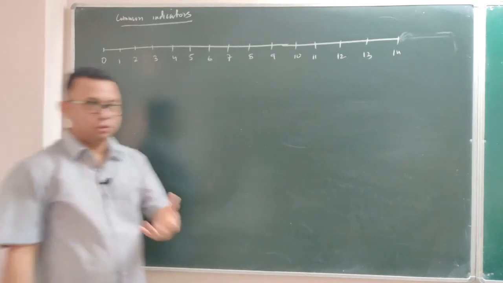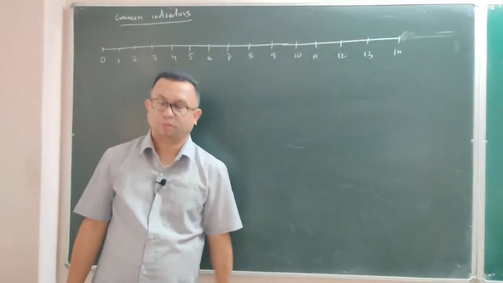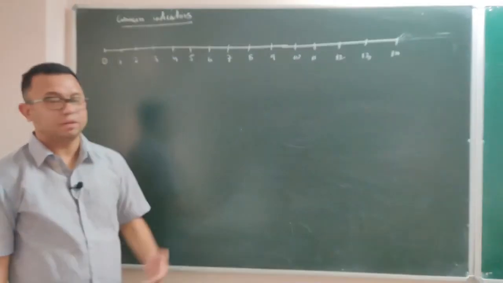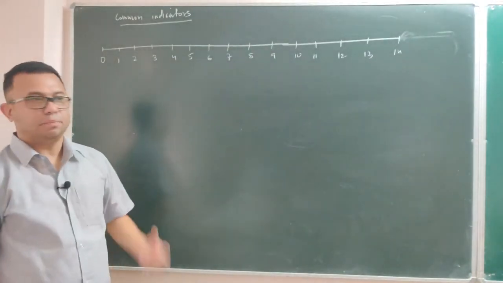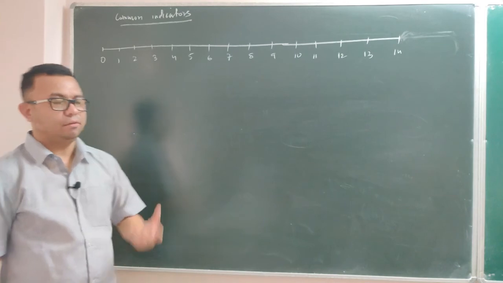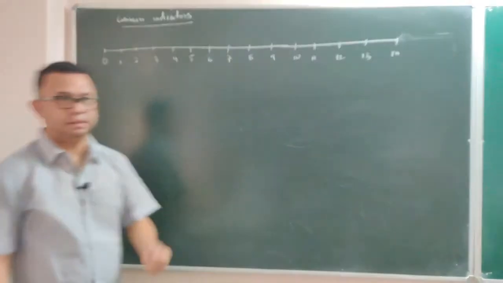We measure it with respect to the hydrogen ion concentration. The more the hydrogen ion concentration, the more acidic. That is why by looking at the pH we can identify whether a given substance is acidic or basic.